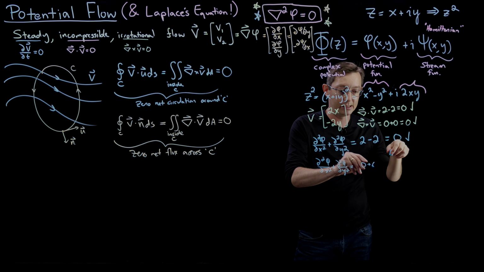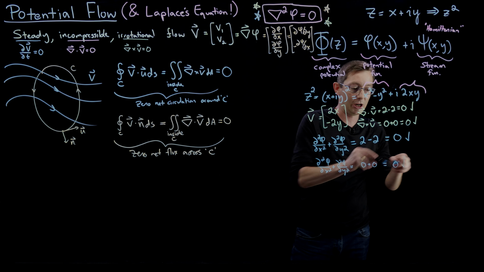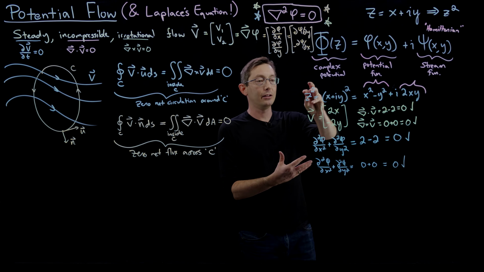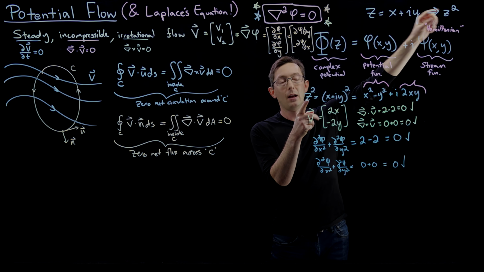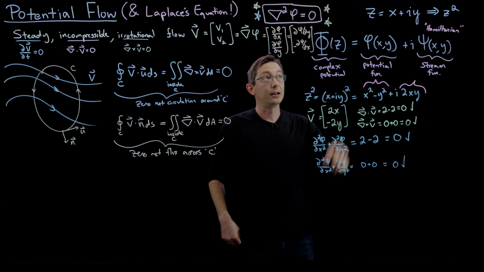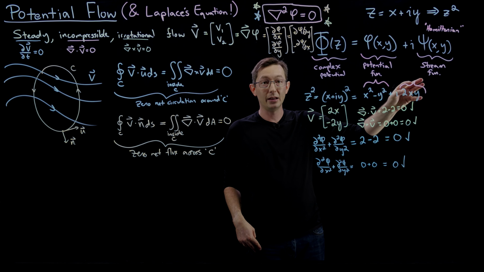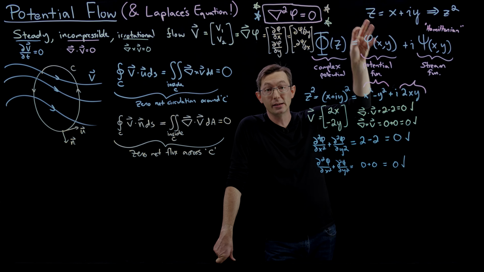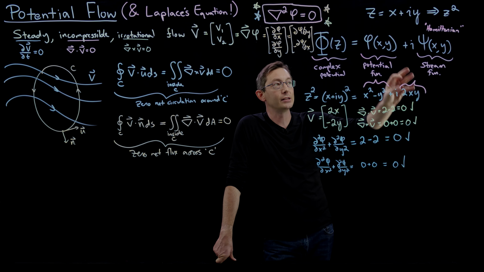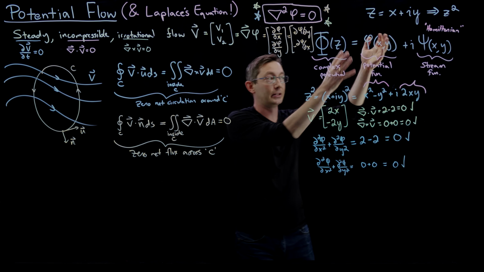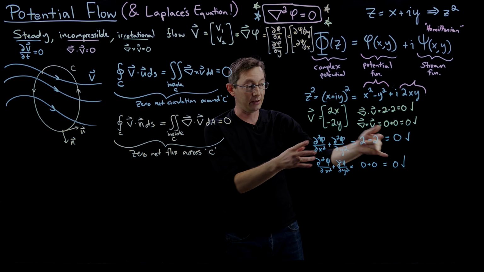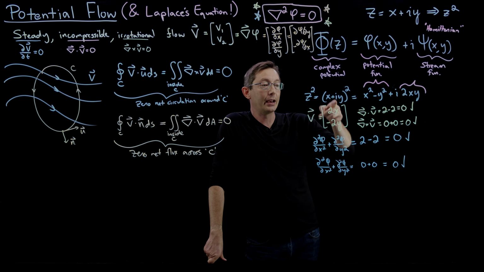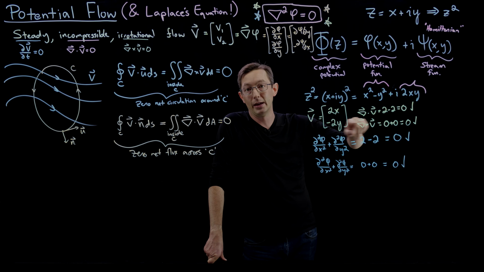So again, 0 plus 0 equals 0, check. So what we've done here is we have taken an analytic function, z squared. We've expanded it in the complex variables and collected the real and the imaginary parts. And those real parts and imaginary parts are functions of x and y. And those functions satisfy Laplace's equation. The potential function and the stream function satisfy Laplace's equation. And so if I take the gradient of phi, I get a vector field that is incompressible and irrotational.